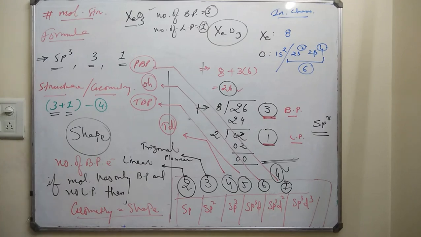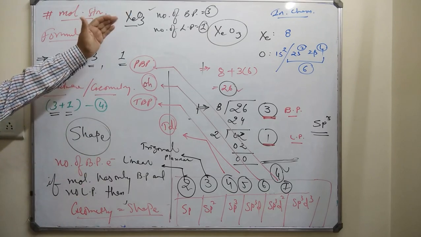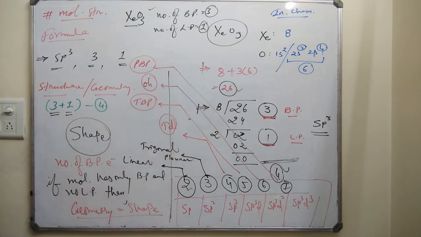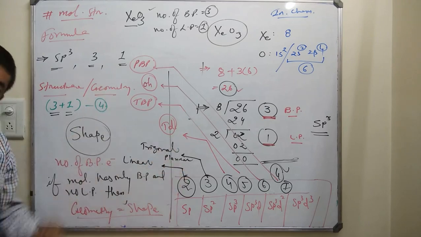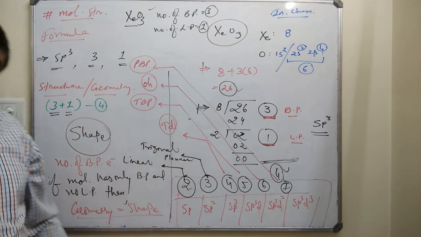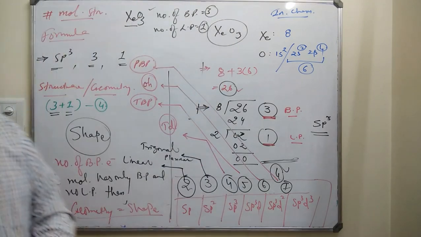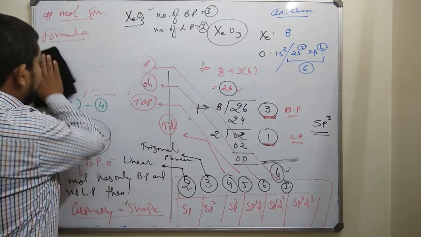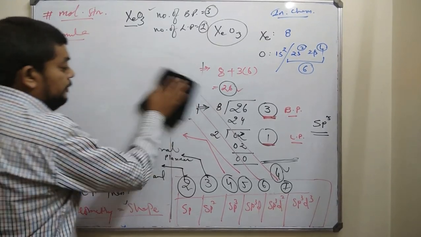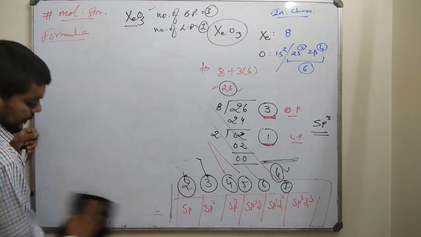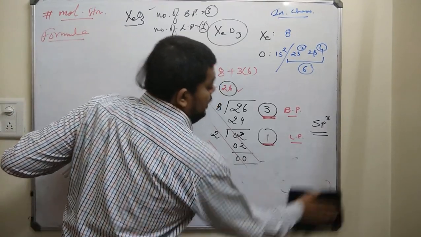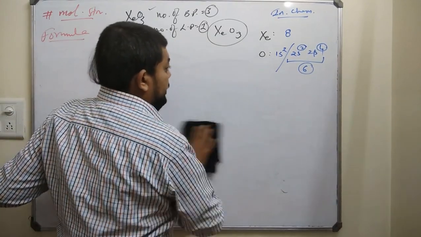So friends, we are done with 4 answers, left with 1 answer: number of bond pair, number of lone pair, hybridization, and structure or geometry. Now we have to also solve the 5th answer, that is the shape. I am just giving you some information for the shape which will make things much more clear.